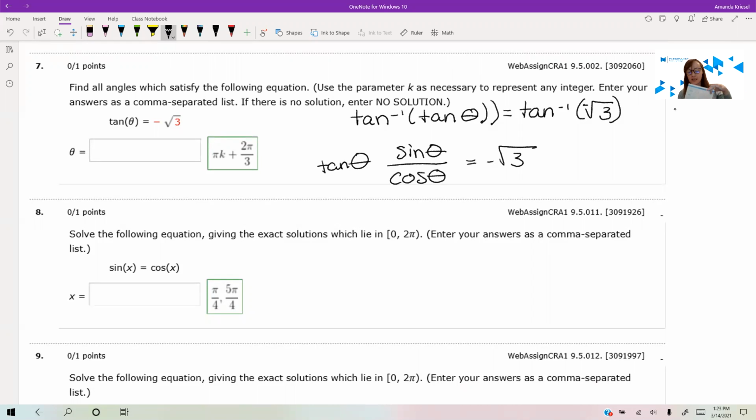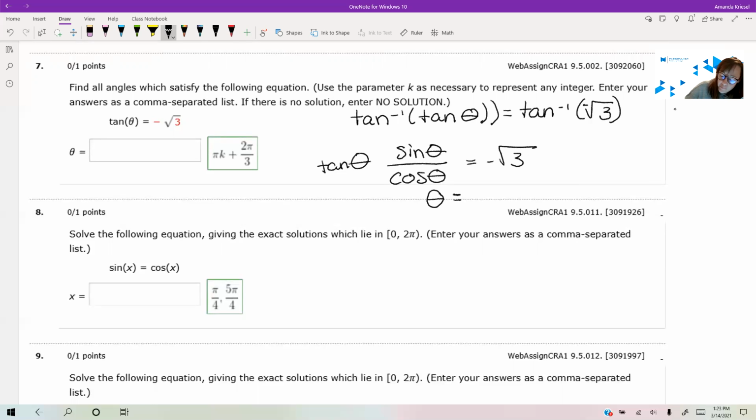I'm using this unit circle, and ideally I would pull it up. Sine is the y value, so I know I want sine on top, and I want the result to be negative.